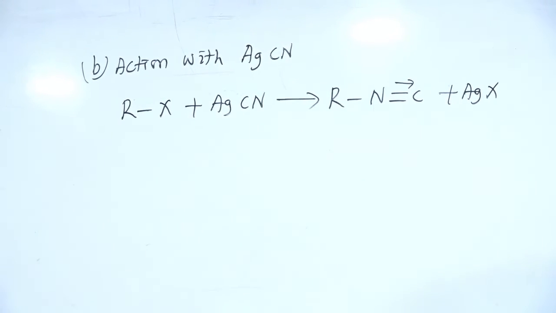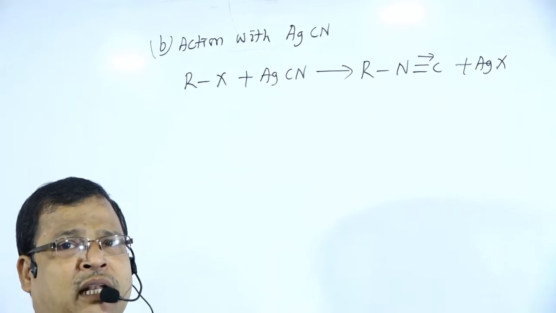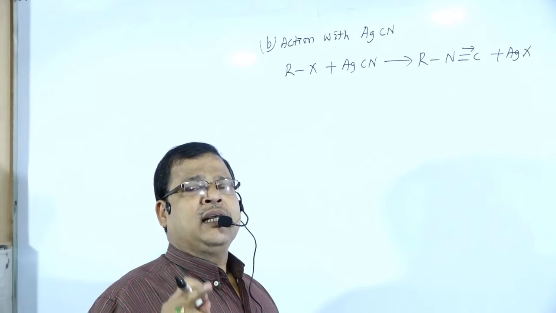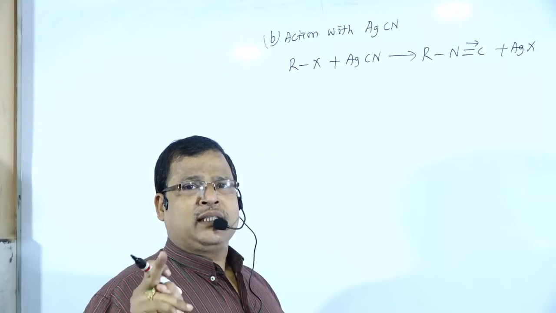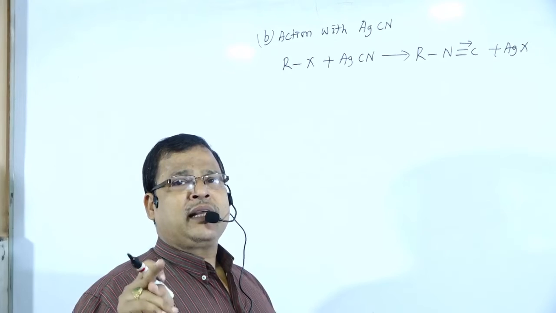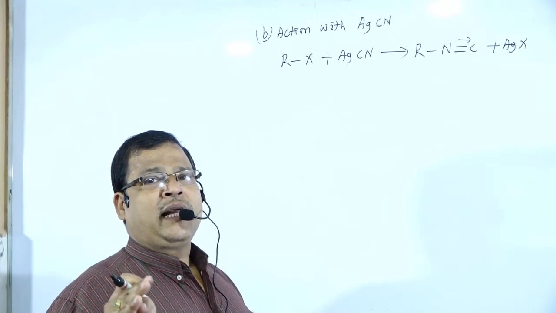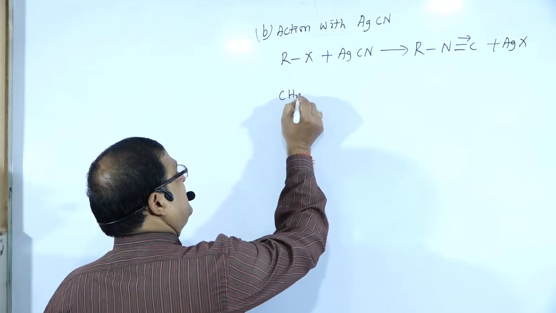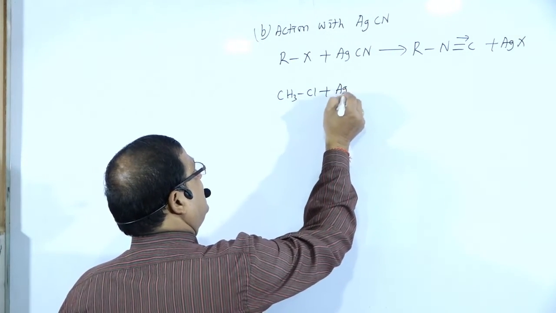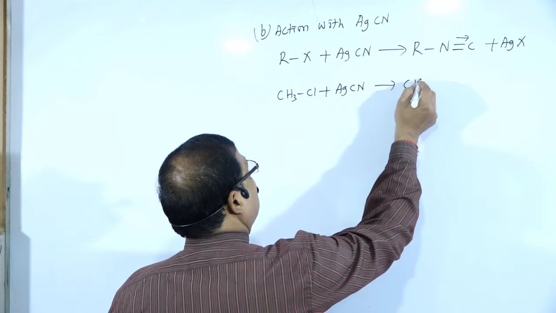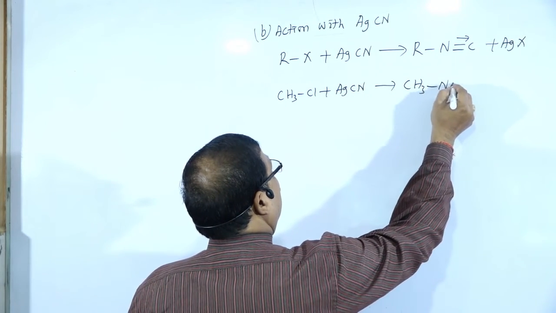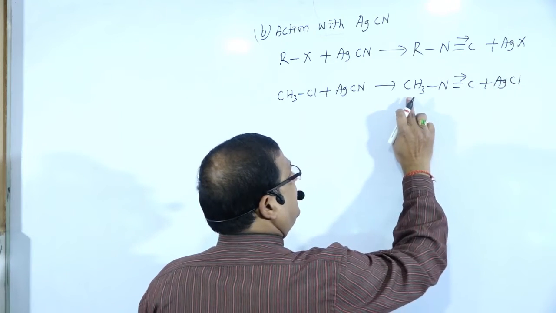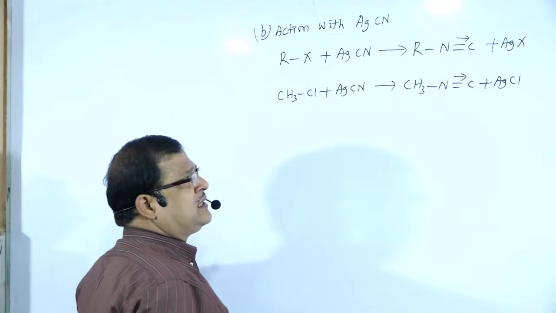Mark the difference. Alkyl halide reacts with potassium cyanide to form alkyl cyanide, RCN. But when treated with AgCN, there is the formation of RNC, alkyl isocyanide. For example, if we take CH3Cl treated with AgCN, there is the formation of CH3-N≡C plus AgCl, that is methyl isocyanide, CH3NC.